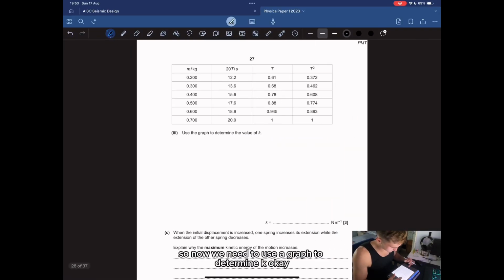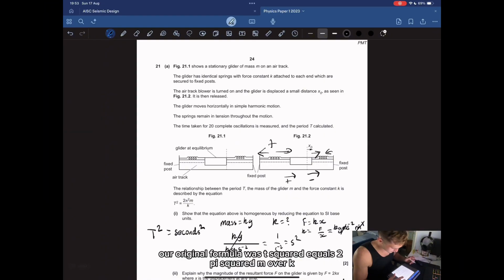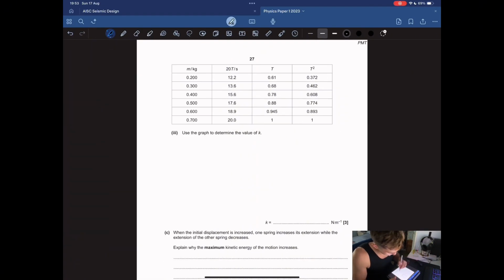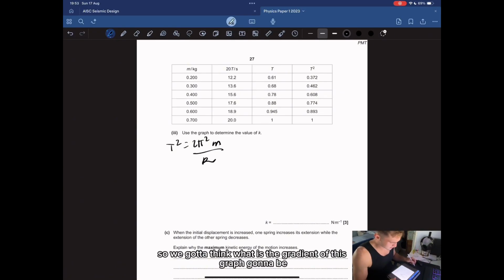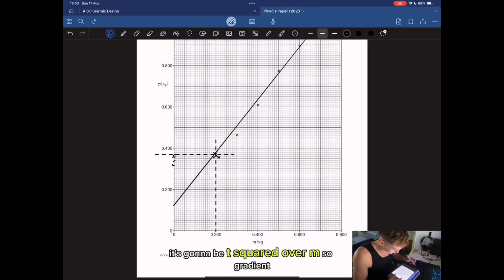So now we need to use the graph to determine k. Our original formula was t squared equals 2 pi squared m over k. So what is the gradient of this graph going to be? It's going to be t squared over m.